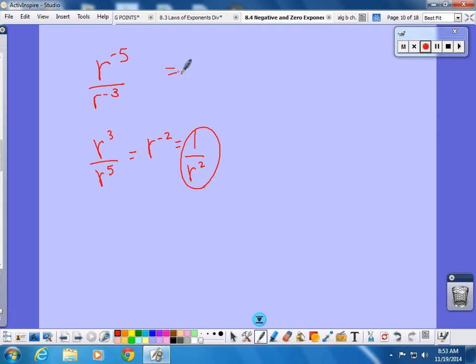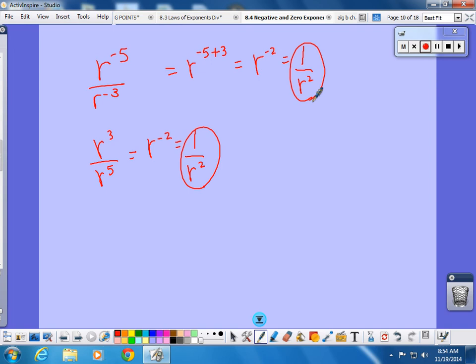If I decide just to use the quotient rule and say, okay, negative 5 minus a negative 3 would be a negative 2. So it doesn't really matter which rule I use first. It depends on what you see, what you notice, and that's what you'll do first. Okay? Have a question about that one?